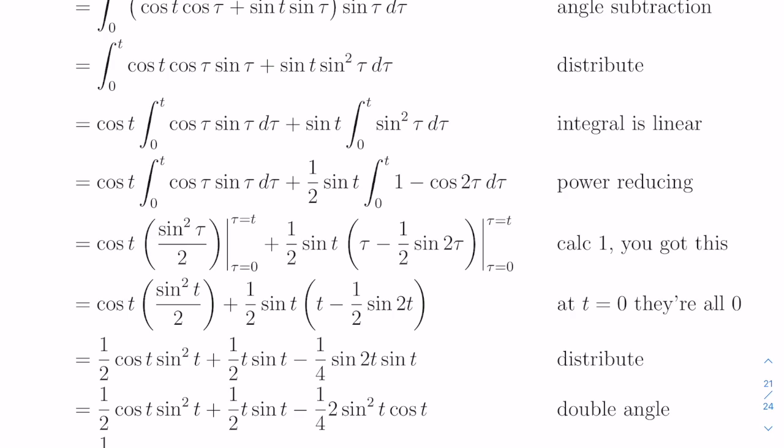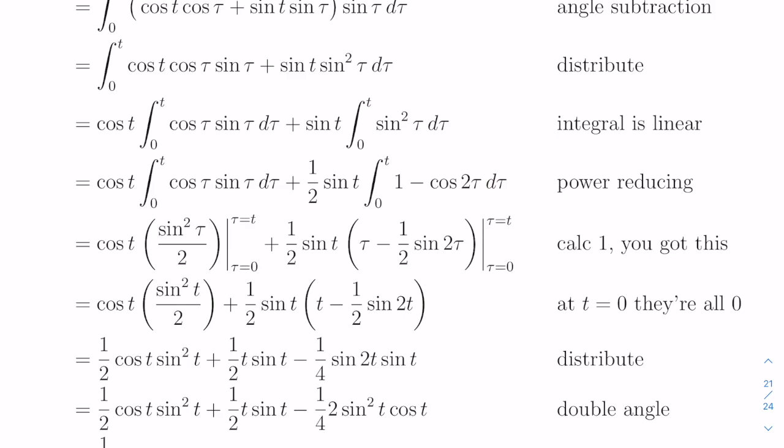The one on the left is kind of simple. This is just a basic u substitution, with u being sine tau, and then du is cos tau d tau. This one requires some power reducing, which admittedly is one of the formulas I have to look up.